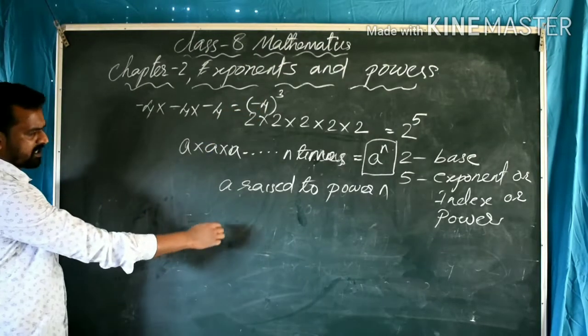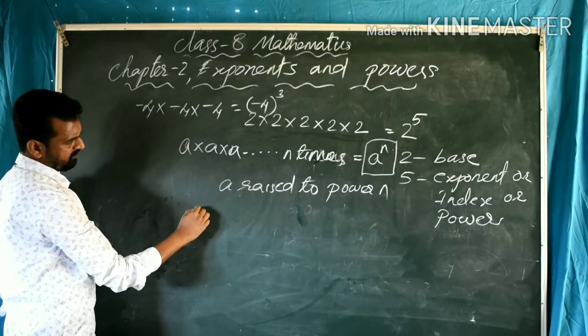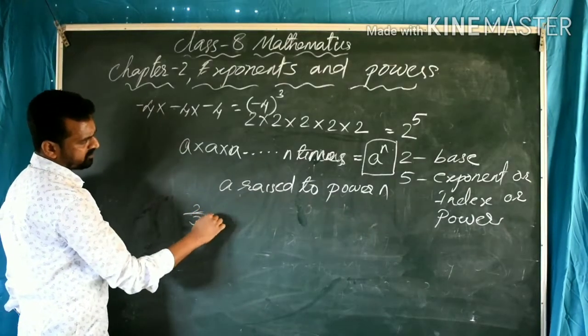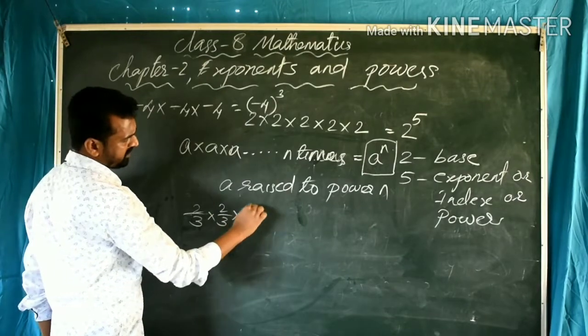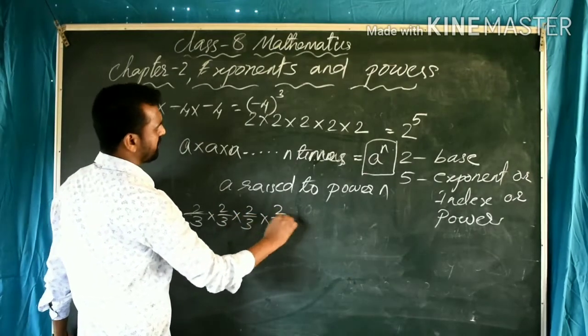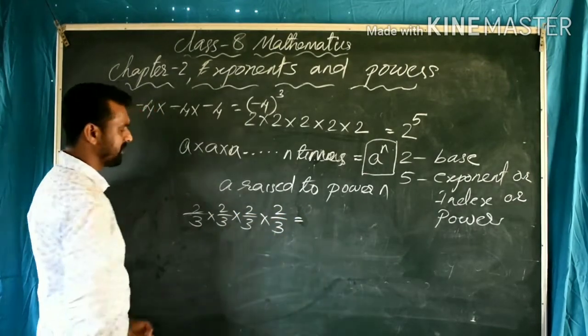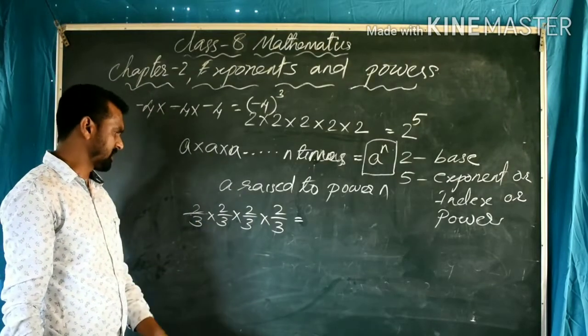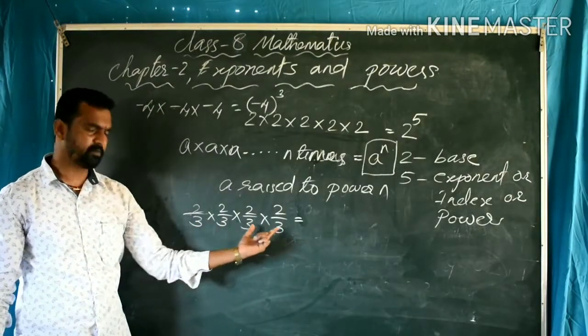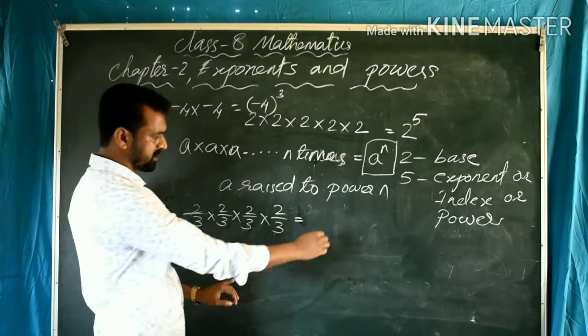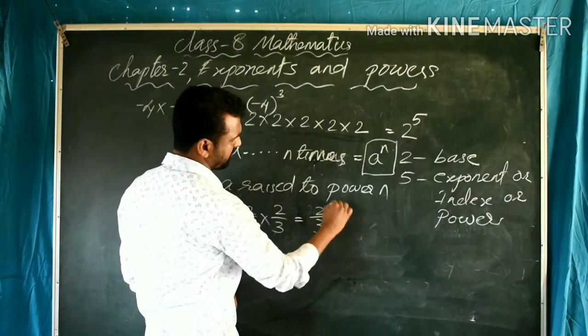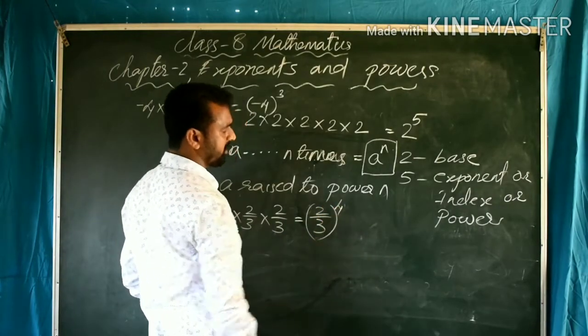And rational number as a base. For example, 2 by 3 into 2 by 3 into 2 by 3 into 2 by 3. Here 2 by 3 is a rational number, and we have multiplied it 4 times. So in exponential notation we can write it as 2 by 3 raised to the power 4.